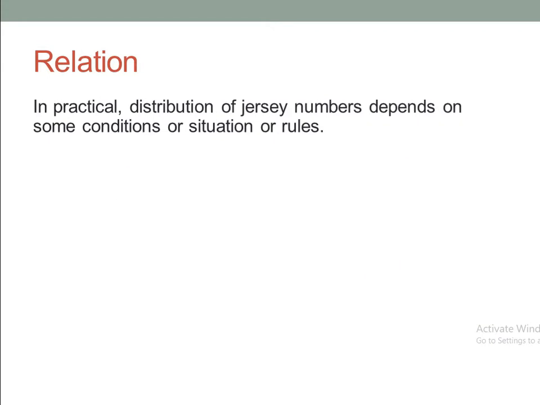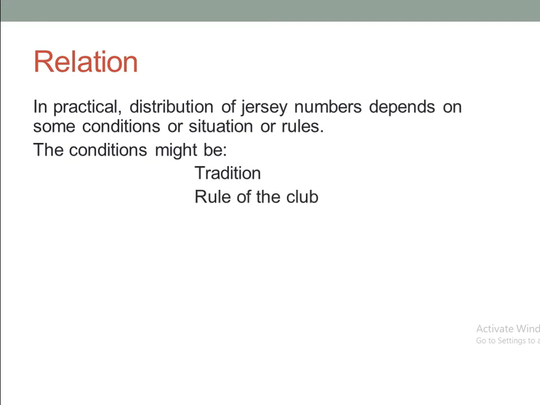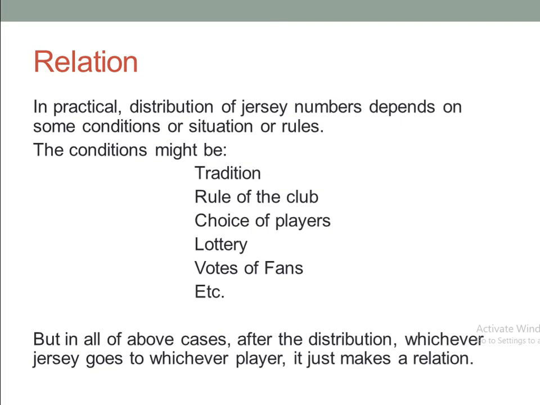In practical, the distribution of jersey numbers depends on some conditions or situations or rules, like tradition, rule of the club, choice of the players, lottery, vote of the fans, etc. But in all of above cases, after the distribution, whichever jersey goes to whichever player, it just makes a relation.